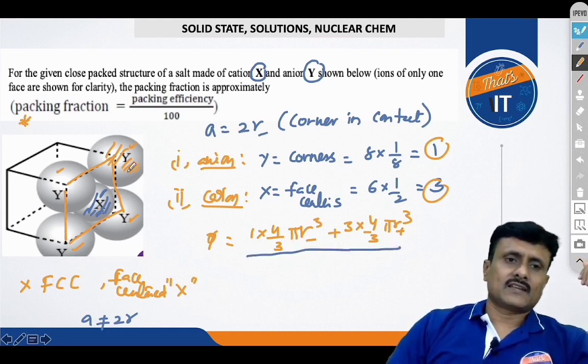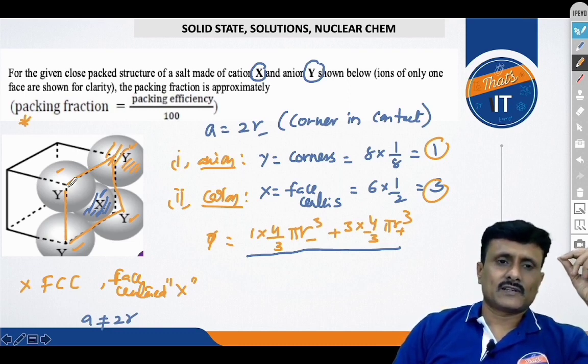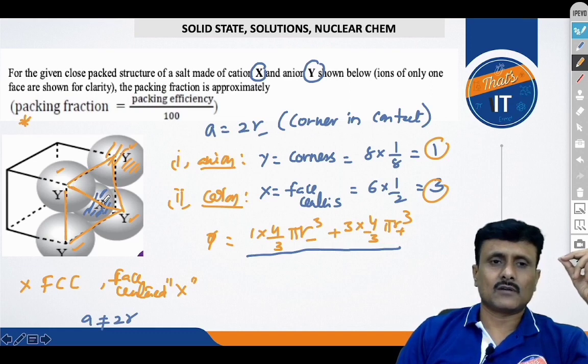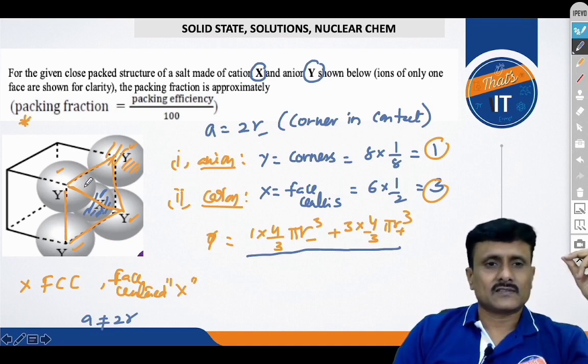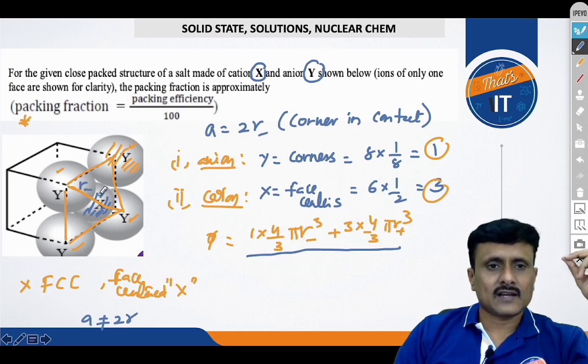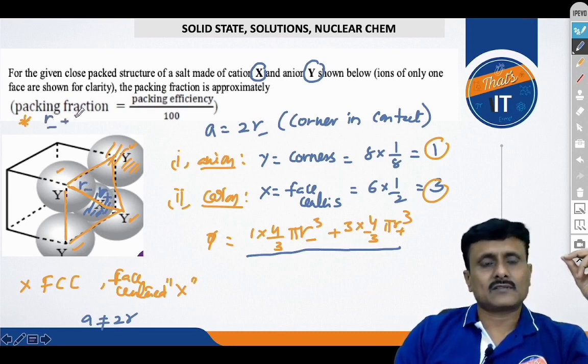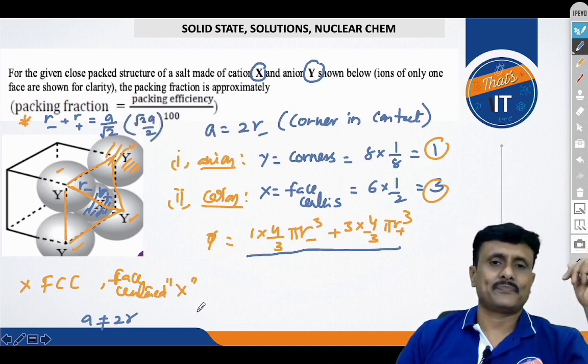Now we can see that when you are getting the value of A, you can take the length of the face diagonal into consideration. Alright. So based on that I can draw a relationship between this R minus and this R plus. So you can see that R minus plus R plus is equal to A by root 2, that means half of the length of the face diagonal.